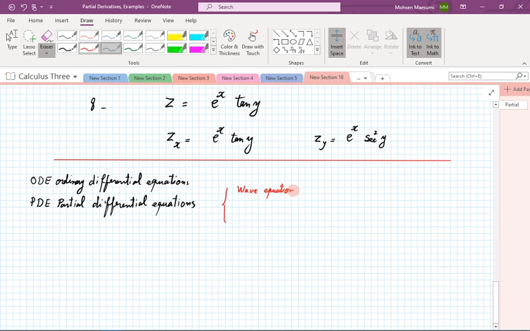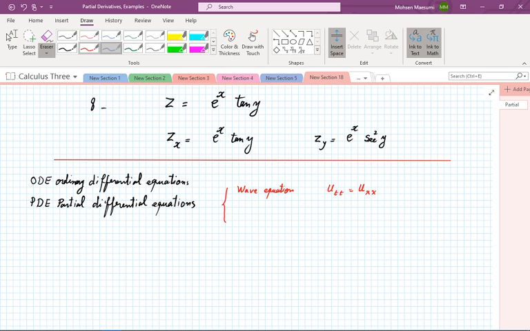An example of that would be u_tt equal to u_xx. So u is a function of t and x. Its second derivative with respect to time is equal to its second derivative with respect to position. That happens to capture the simplest type of waves.